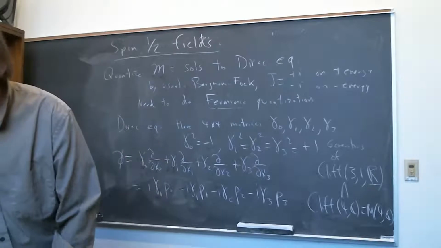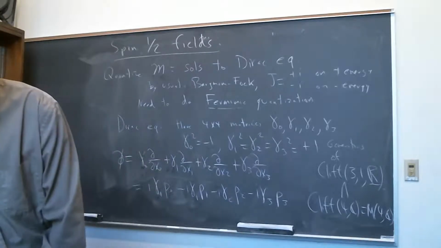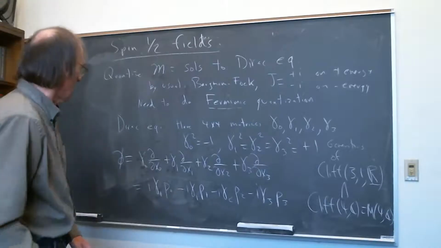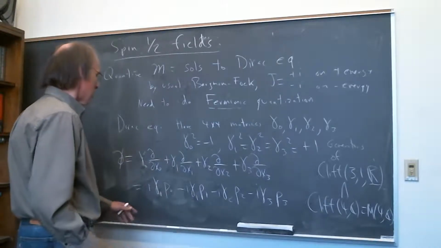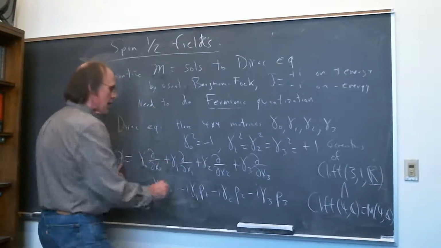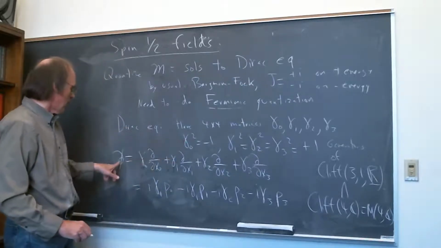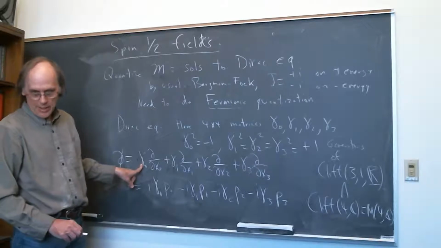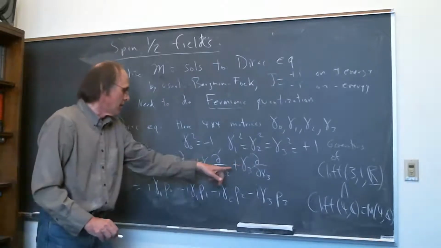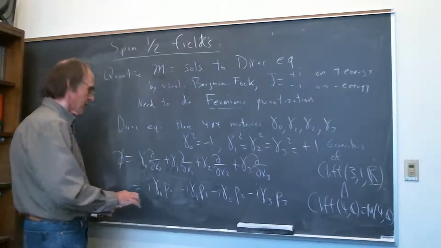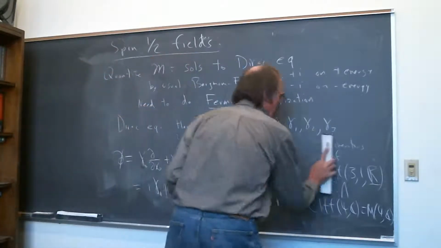Okay. So let's now define this. These relations are cooked up so that if you square this thing, you just get the Lorentz invariant version of the Laplacian. So let's do it.